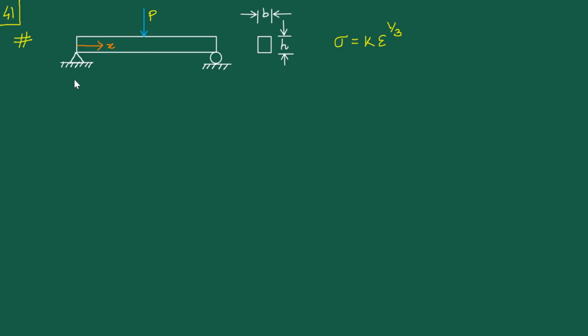First, all the things related to the statics aspect of this problem, meaning the reaction forces, can be understood directly from a visual inspection and based on all your undergraduate experiences. The reaction forces here will be P by 2 at this end and P by 2 at this end, both acting vertically upward. That does not change.